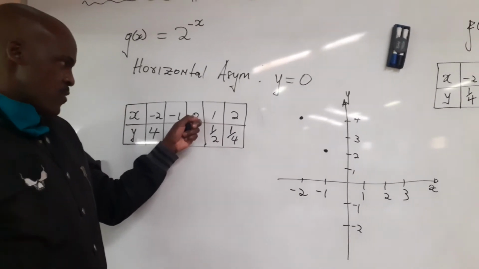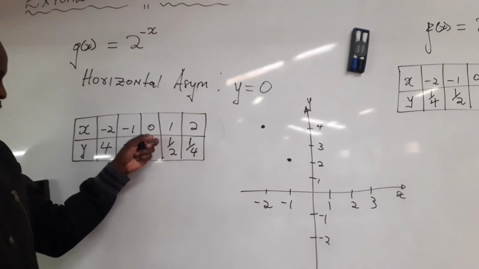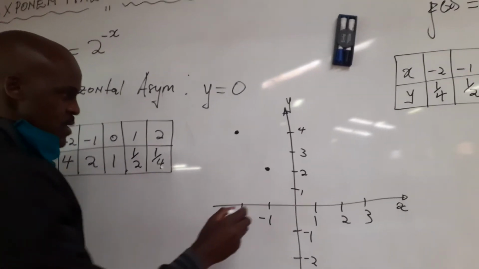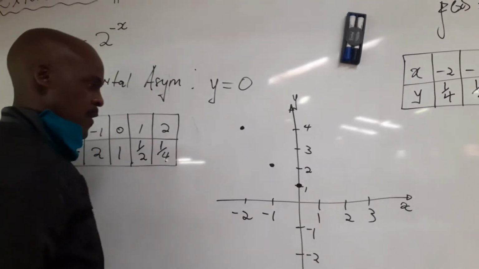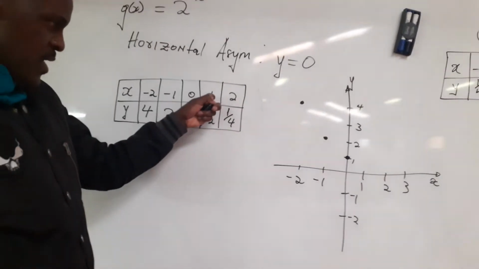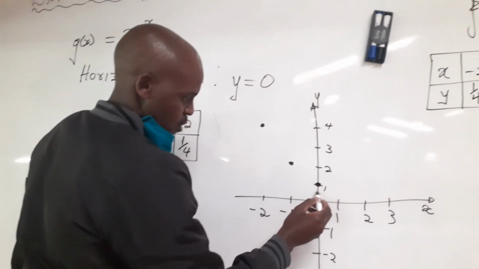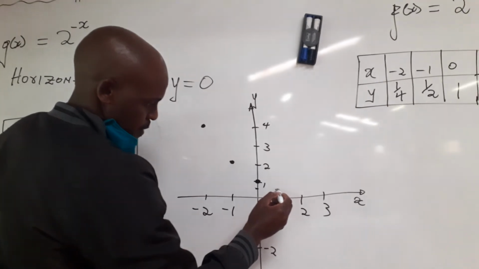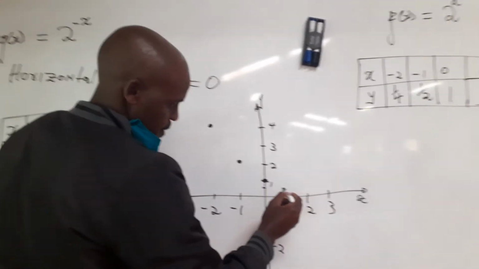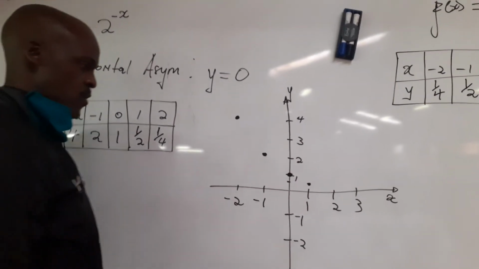X is 0. When do we let x to be 0? For the y-intercept, which means our y-intercept is there. X is 1, y is half, so half is somewhere there. X is 2, y is 1 over 4.